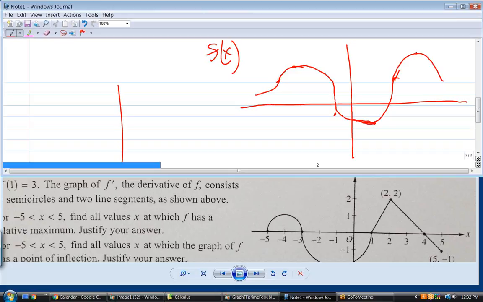Oh, yeah. It would appear that the absolute minimum has to be at 1. What would your justification be? Think for a moment.